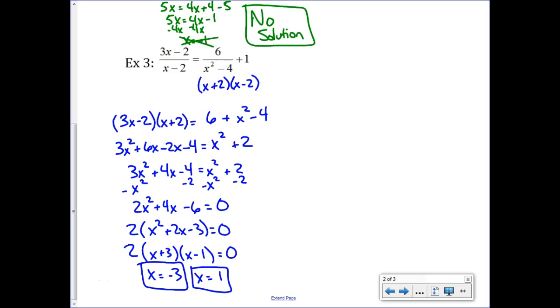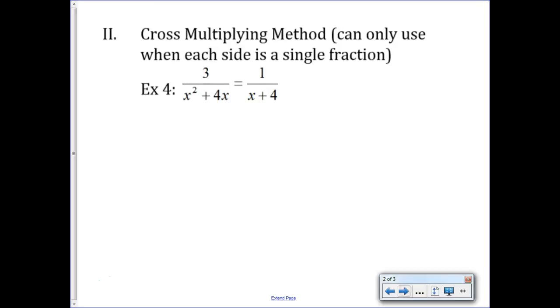All right, so let's look at our next method. Cross multiplying. We can only use this when each side is a single fraction. So if it looks like this, we're going to use cross multiplying, which you should have learned about in Algebra 1. I think you even learned about it in pre-algebra. It's the butterfly method. It's where we multiply the top of the left, bottom of the right, bottom of the left, top of the right.